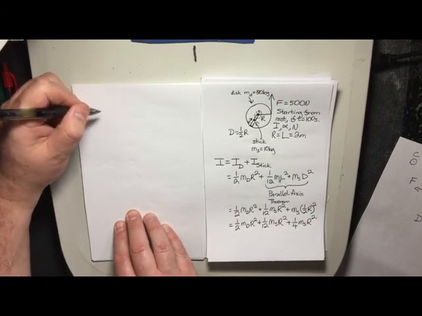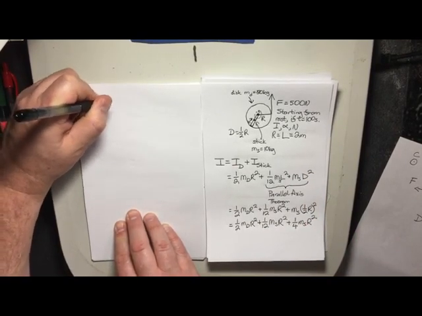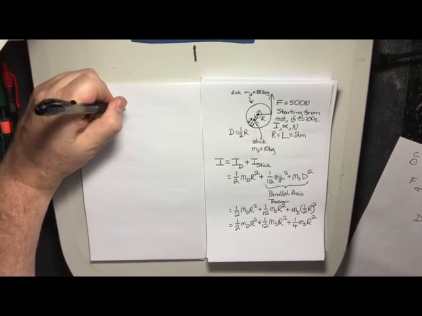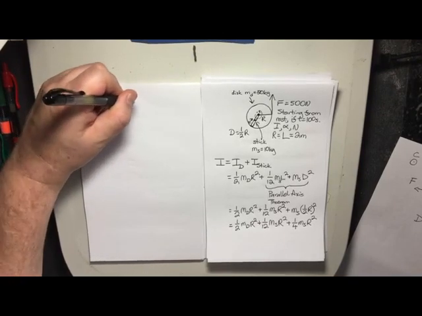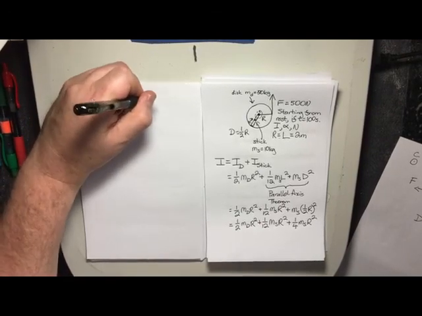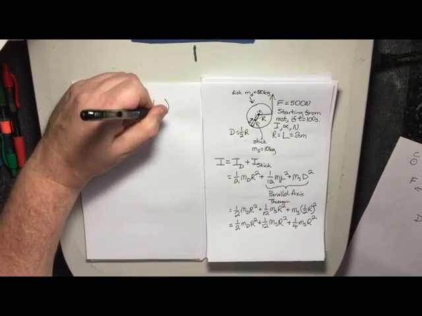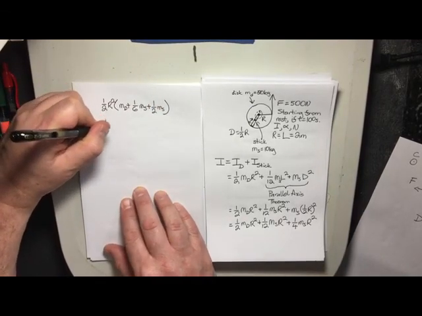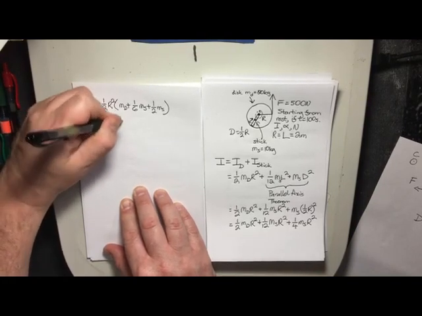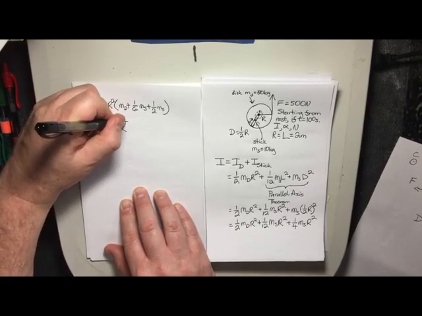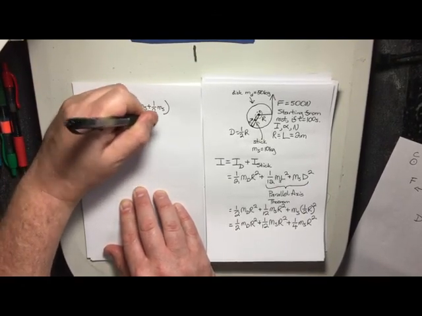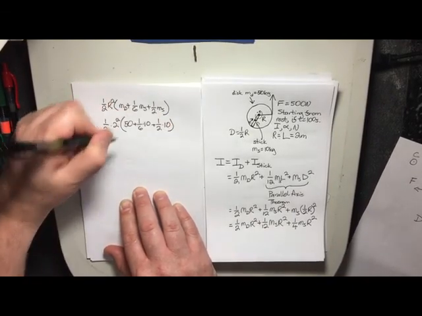So now I have 1/2 r squared, I'm factoring out a 1/2 and an r squared, times m_d plus 1/6 m_s plus 1/2 m_s. Now I can plug and chug. 1/2 r is 2, so 2 squared, times m_d 50 plus 1/6 times 10 plus 1/2 times 10.